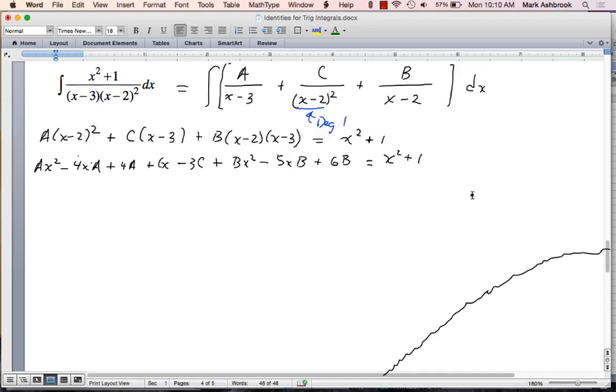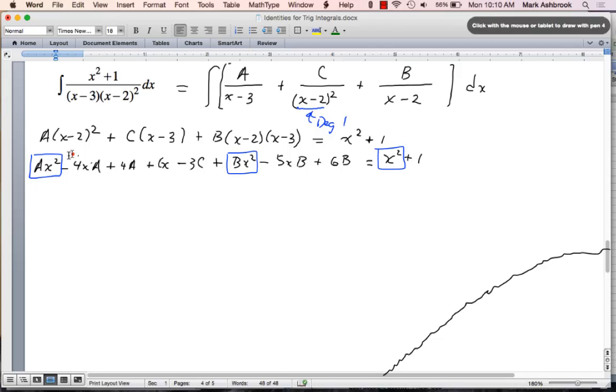And now we're going to match up powers of x, right? So we'll start with the highest power of x, which is x squared. I'll do blue boxes. So I've got an ax squared, a bx squared, and an x squared here. And I'll do red circles for my powers of x.